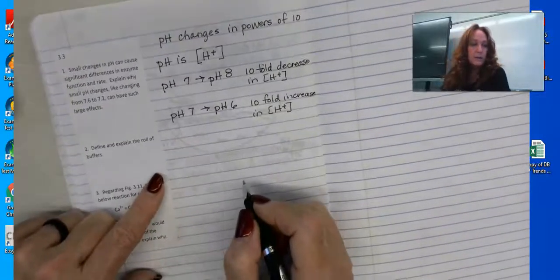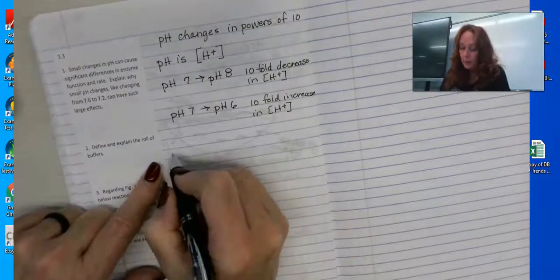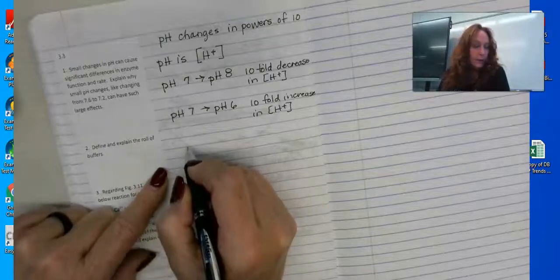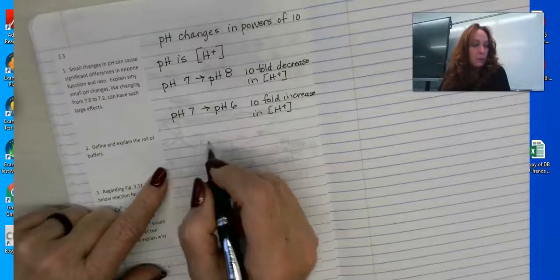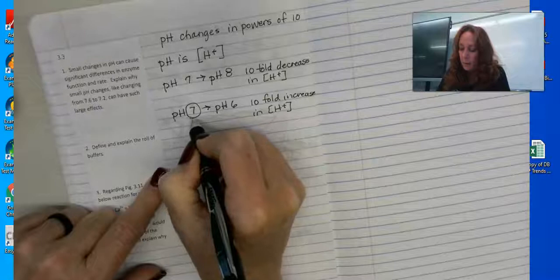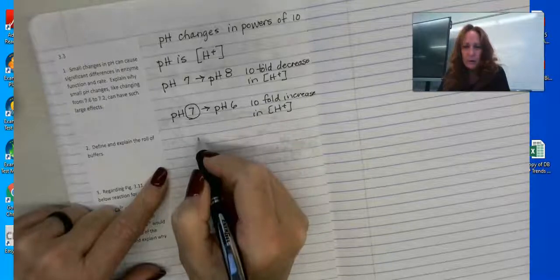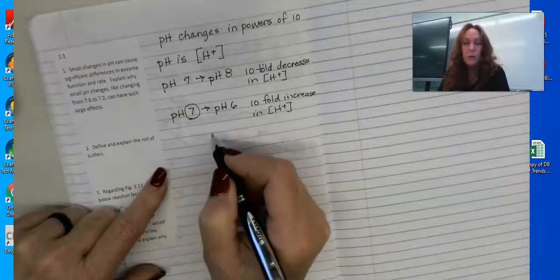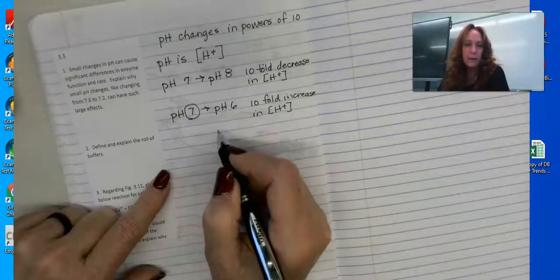So let's do some math here, and I don't even know if I've got a graphing calculator with any batteries, but we'll work on that. So this is what pH really means. This number is the exponent that goes with the power of 10 to get a real number for hydrogen ion concentration.